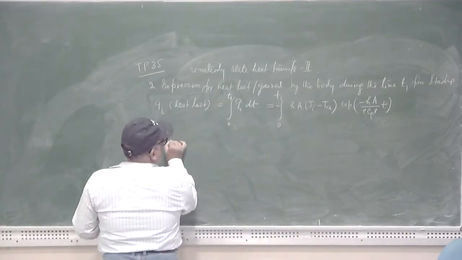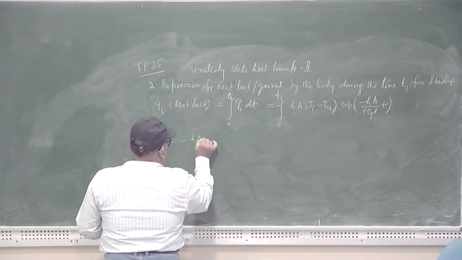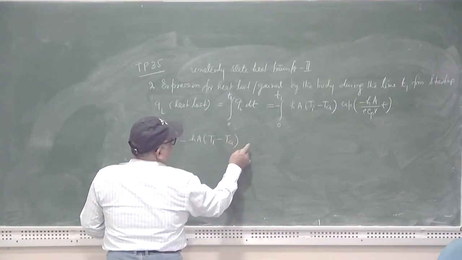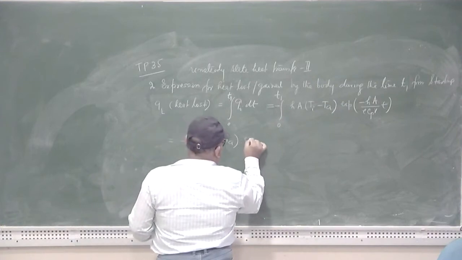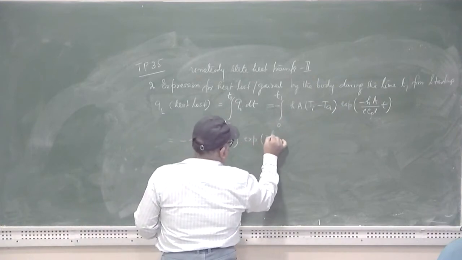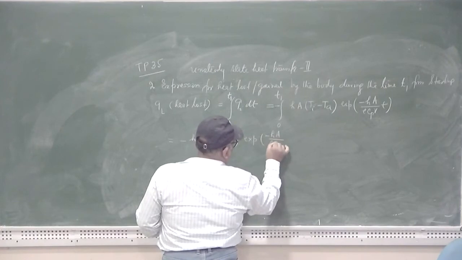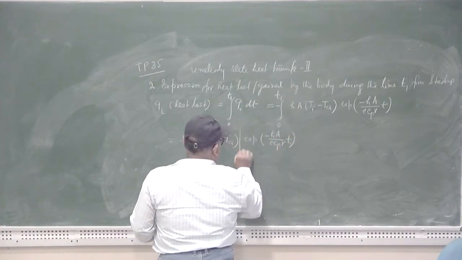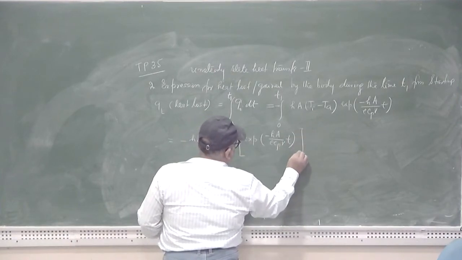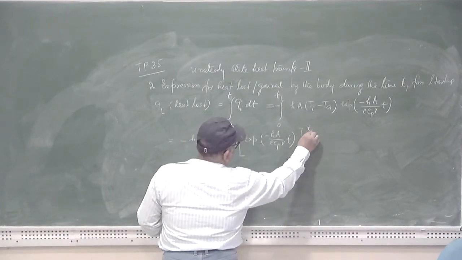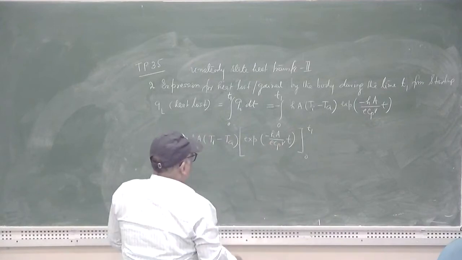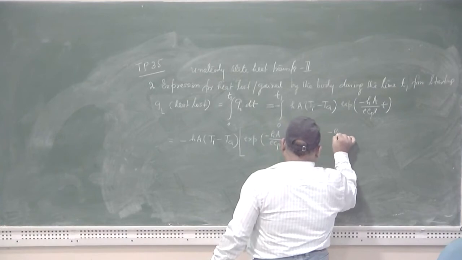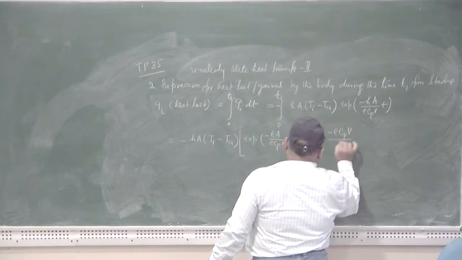So that will be equal to minus hA into Ti minus Ta. Integration of this is exponential of this divided by rho CpV into t, actually evaluated between the interval 0 to T1, divided by the differential coefficient of this quantity, which will be equal to minus hA divided by rho CpV.